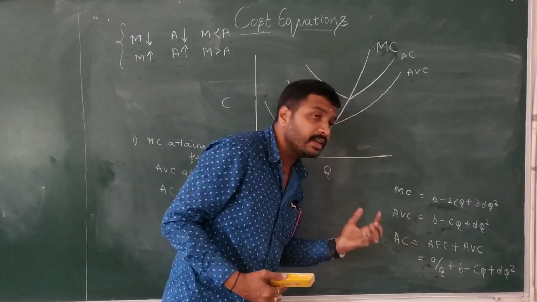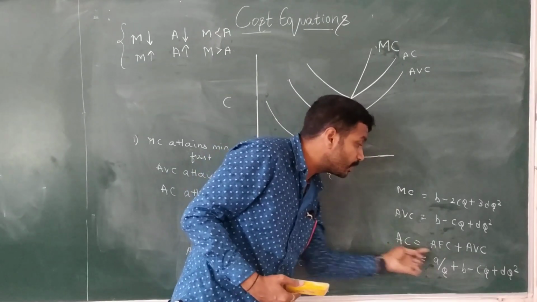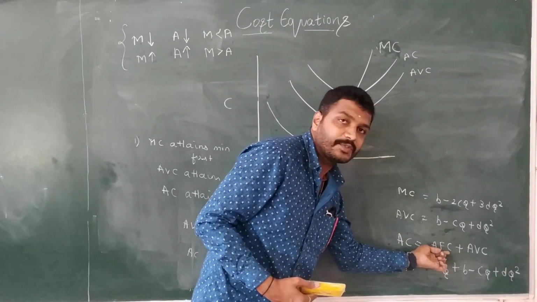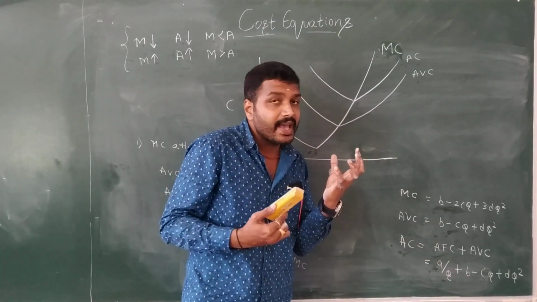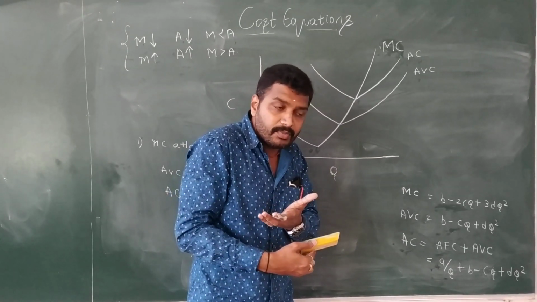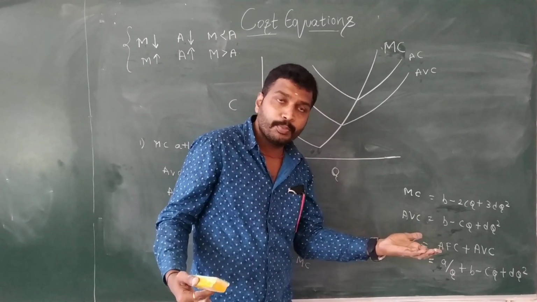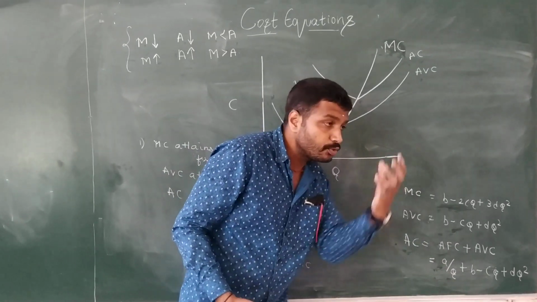Why AC cannot fall as fast as ABC is because of the presence of AFC. Since AFC is there, it needs to carry that overhead charge which needs to be shared among the output, so it takes more time to fall.